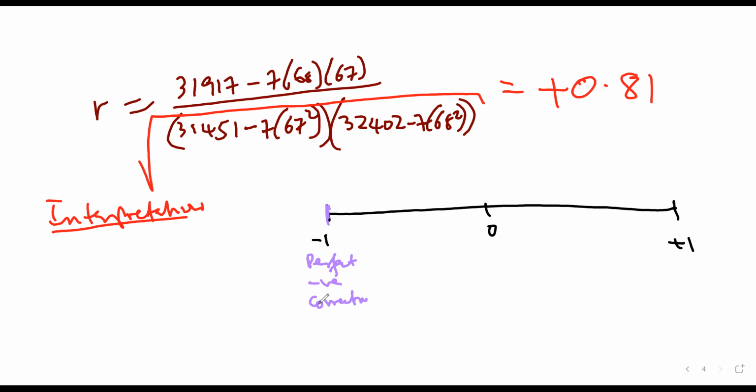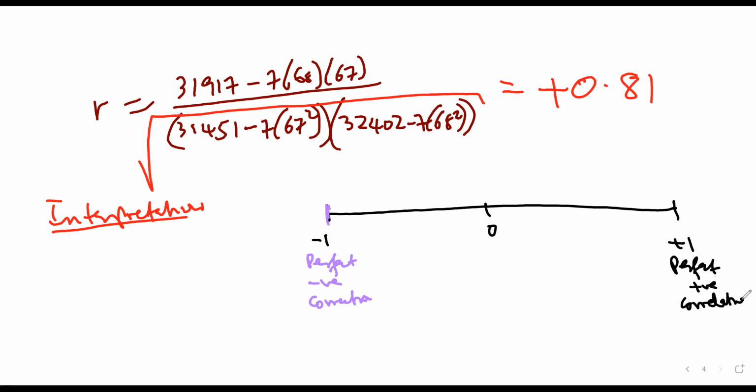On the other hand, if the value of your correlation coefficient is +1, we say there is perfect positive correlation.